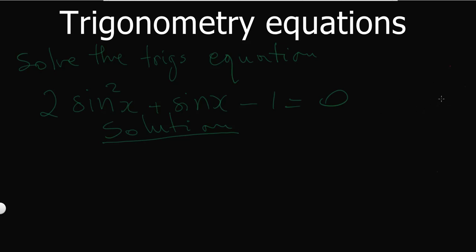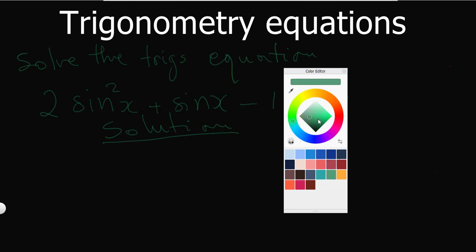Alright, now what will be the solution here? Let's factorize. 2 sine, we open the bracket, this is how you factorize, and here you put sine x. I think this color is too bright. Sorry, let me remove this.